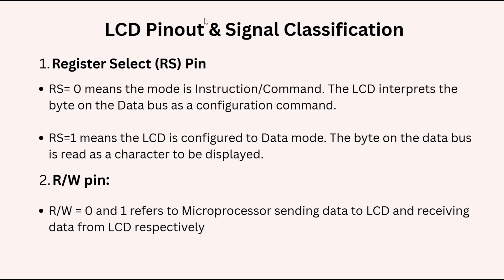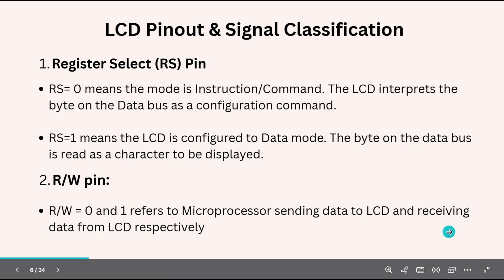Examples of commands include clearing the display, which is given by 01H, and setting the cursor position, which is given by 80H to CFH, where each of the hexadecimal values from 80H to CFH refers to a different block in the LCD matrix, since we have two rows and 16 columns. These commands change the internal state and configuration of the LCD controller, but they do not put any visible character on the screen.